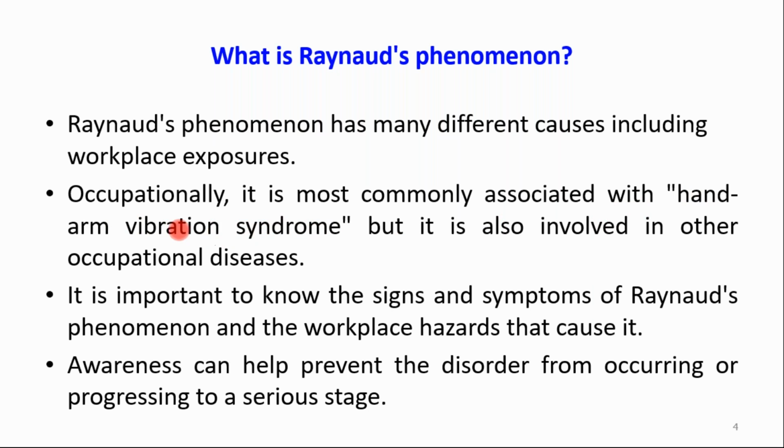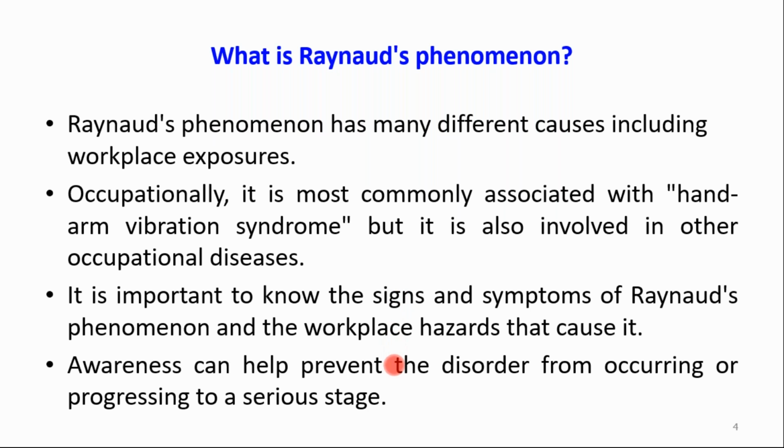It mainly affects the hands and arms due to vibrations or cold exposure. It is important to know the signs and symptoms of Raynaud's phenomenon and the workplace hazards that cause it. So we must know whether white finger disease occurs in your hand or fingers, and we must observe the signs and symptoms.